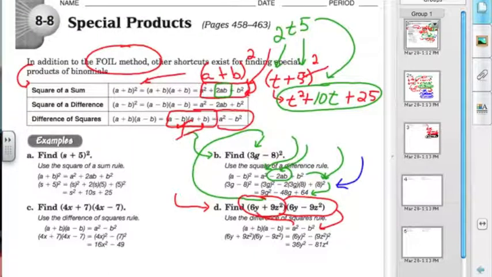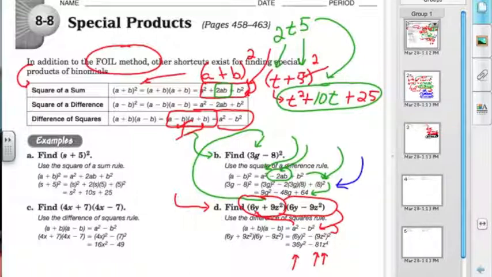Well, it's going to be 6y. That's why they put 6y right below it. What's in the second part of the binomial? Well, that's going to be 9z squared. So they put it here. So 6y times 6y gives you the 36y squared. The 9 squared is 81. The z squared squared is z to the 4th. So that's your simplified answer.